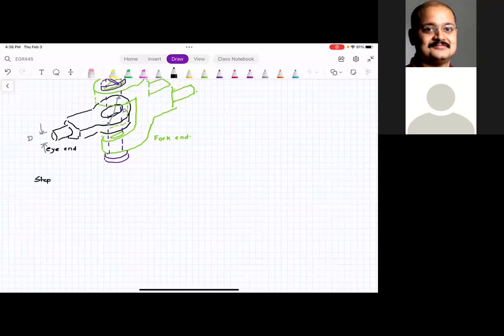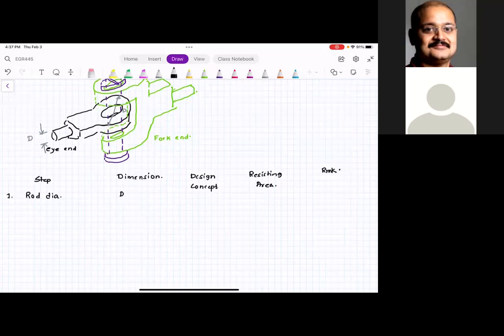Step, dimension, design concept, resisting area, and remark. So step 1, we have to find out the rod dia.